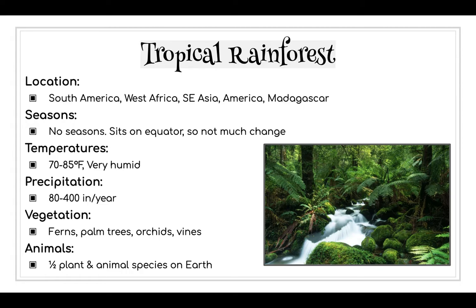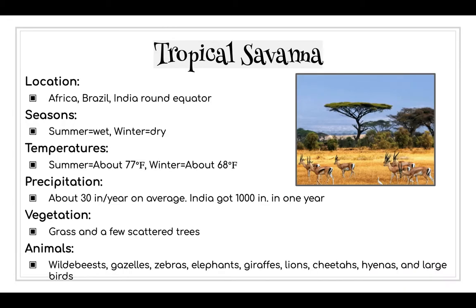Okay, next one is tropical savanna. This is just a little bit outside the tropical rainforest latitude-wise. Locations would be Africa, which is the biggest part, but also Brazil and India, anywhere kind of close to the equator where it's more inland and a little drier.